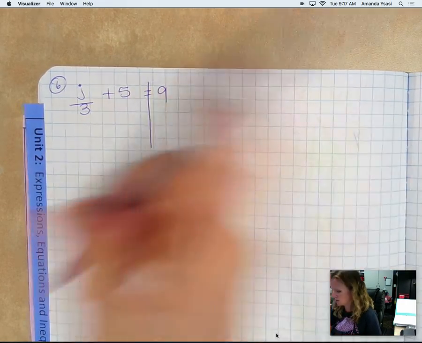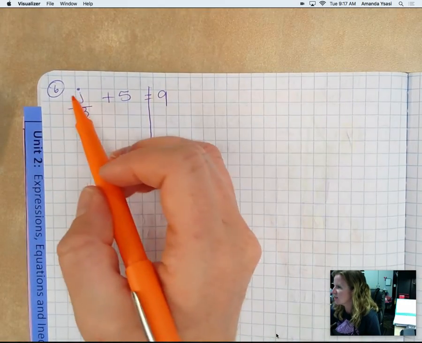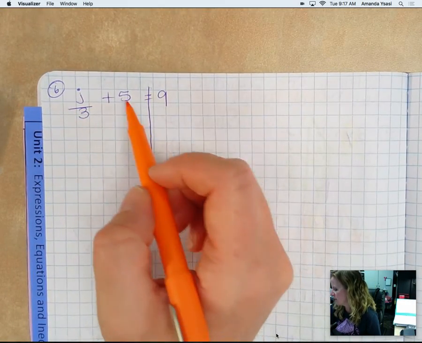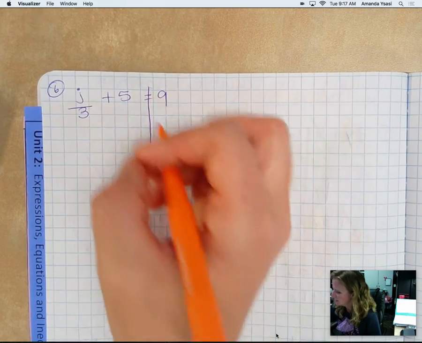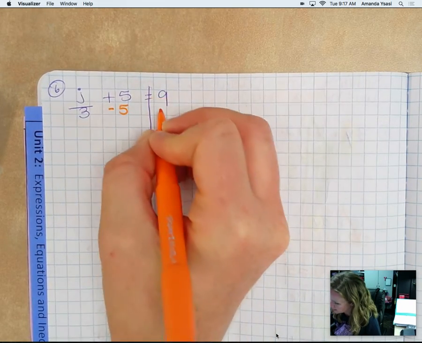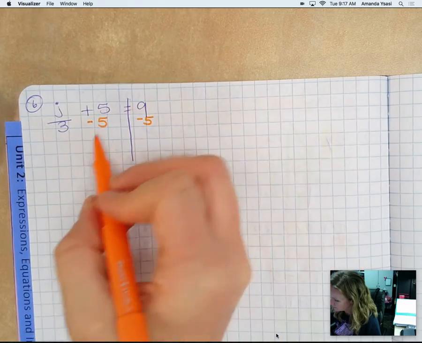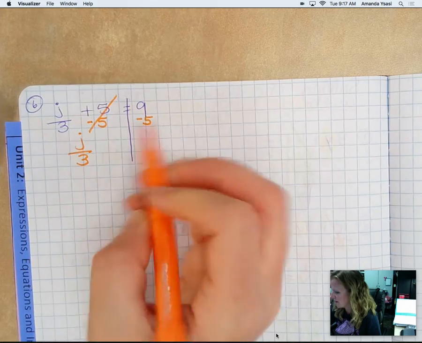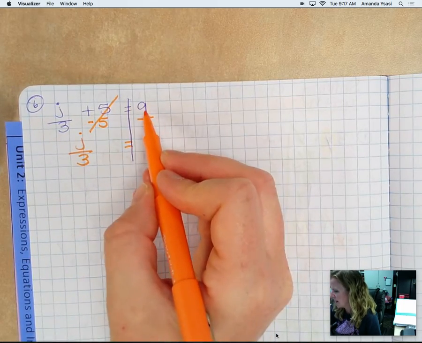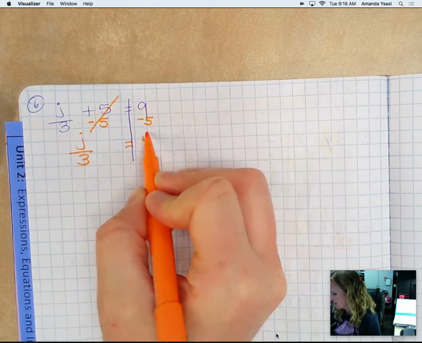To solve this, I need to get j over 3 by itself. So this plus 5 needs to be moved to the other side. So I do minus 5 to both sides. So 5 minus 5 is 0, so equals 9 minus 5, which is 4.